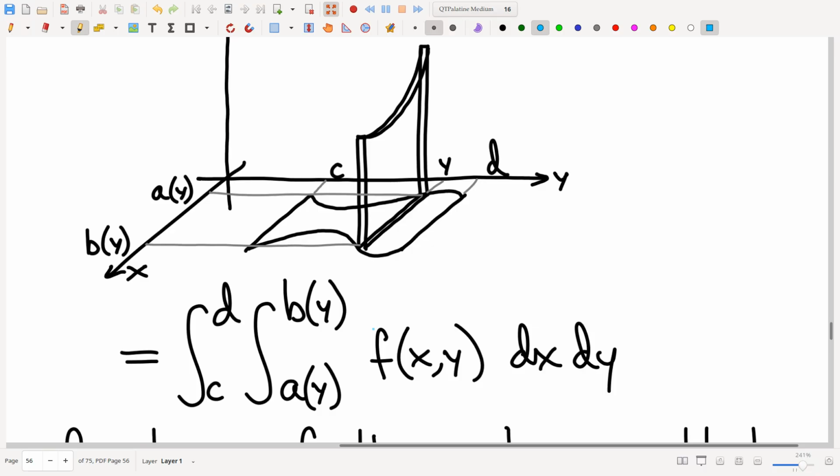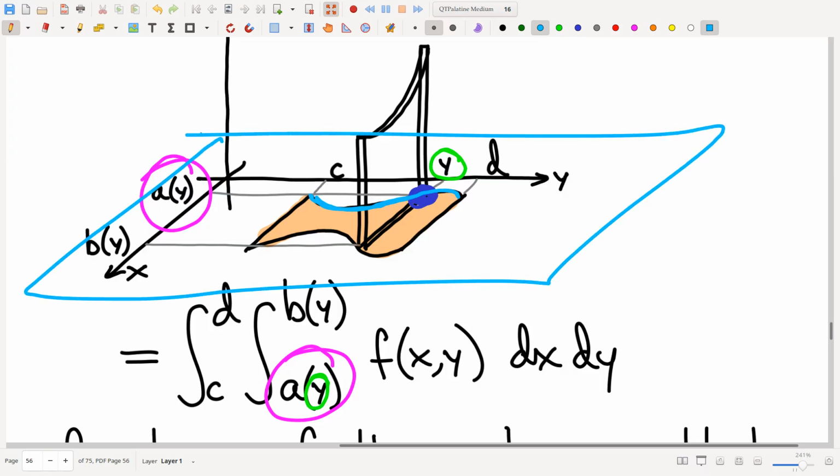The reason is, when you look carefully at what we've done here, and here's our domain, this is our new non-rectangular domain here. Notice that the relationship between, let's say, the lower bound and the input value y is entirely based on points on these edge curves, all of which is entirely in the xy plane.